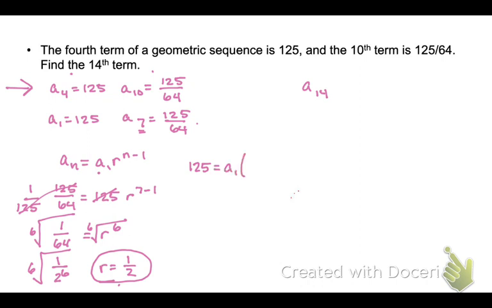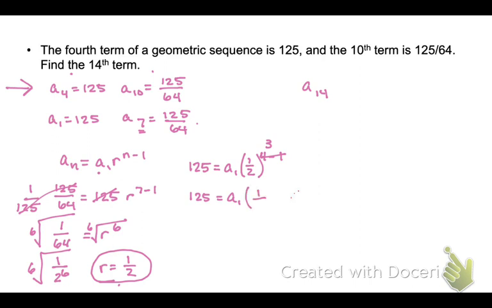R we found was what? 1/2. And to the n minus 1, so 4 minus 1. So 4 minus 1 is 3. And 2 cubed is, oops. What's 2 cubed?